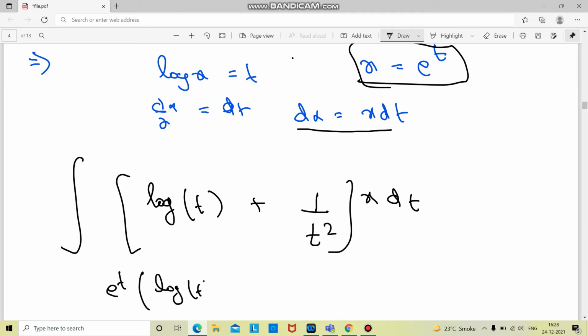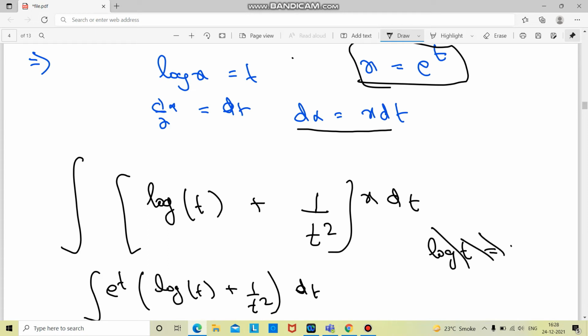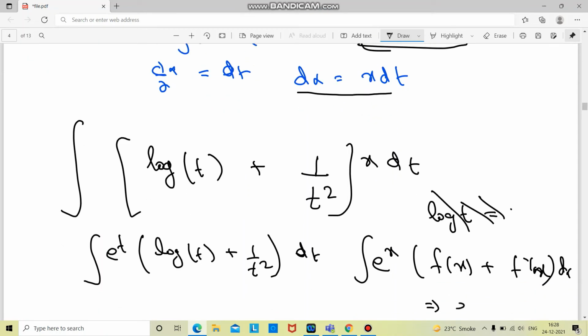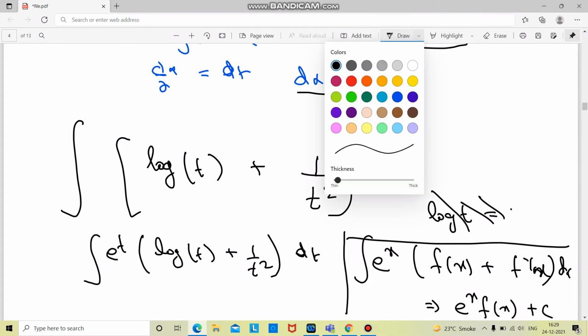We can write integration of e to the power t (log t plus 1 by t squared) dt. We know that integration of e to the power x (f(x) plus f dash(x)) dx is e to the power x f(x) plus c. We will use this property.